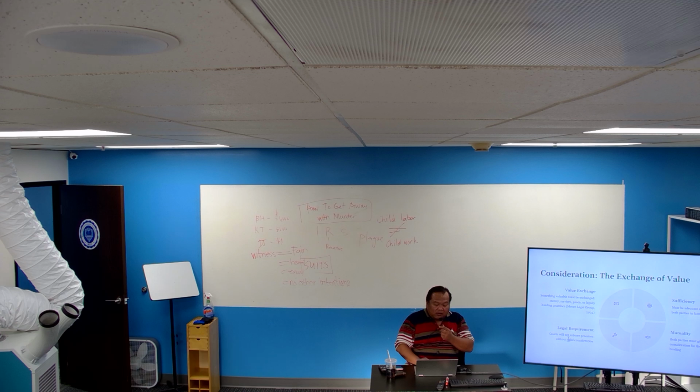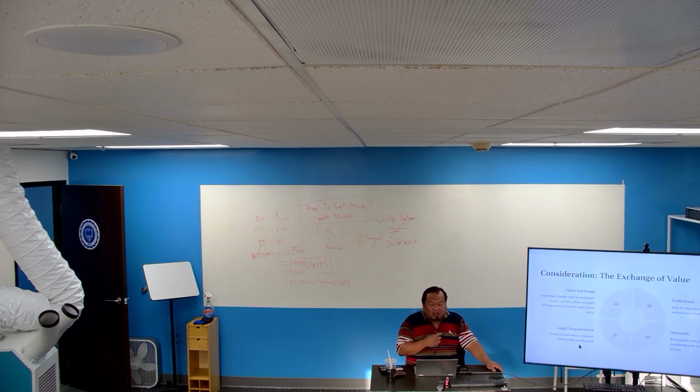Now, let's go to the legal requirement. The legal requirement is that the courts will enforce the promises made with valid consideration. So this is now your legal action if what was agreed is not followed. For example, you said I want my chairs on August 1, 5 p.m. They have to be delivered.